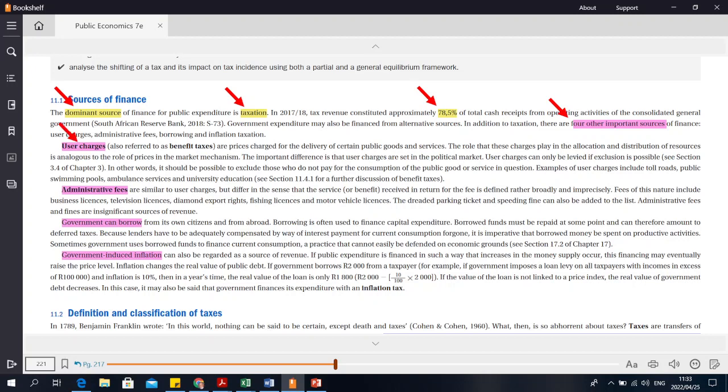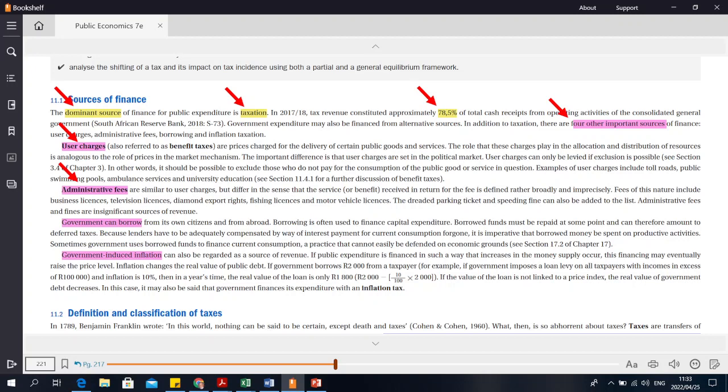It's also called a benefit tax. So the best example is toll that you pay if you use a toll road. Only people that use the toll road and go through the toll gate pay for using that. Or if you go to the public swimming pool and you pay to enter, that's exactly a user charge.